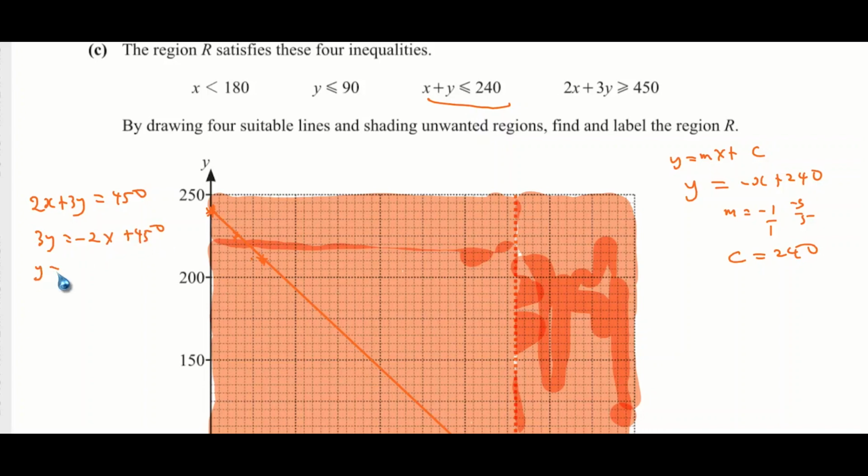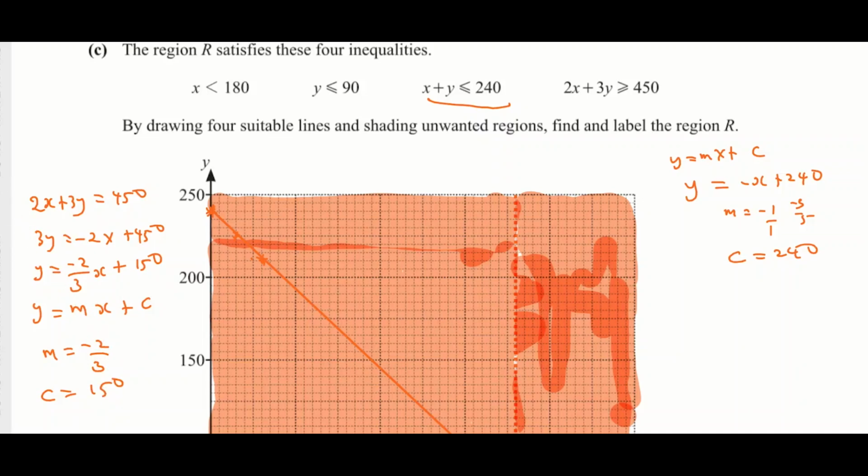So y will be equal to, let's divide through by 3, minus 2 over 3 x, plus 450 divided by 3, that will be 150. So if you compare this with the general equation of a straight line, mx plus c, you see that the gradient is equal to minus 2 over 3, and the intercept on the y-axis is 150.